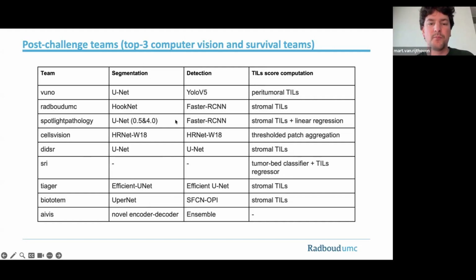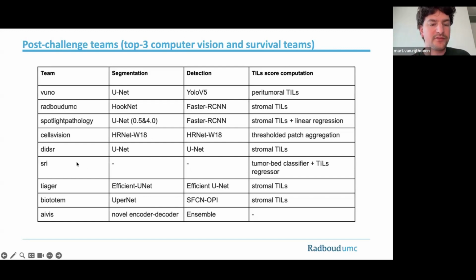But to summarize, actually all of them used CNN-based models. Of course, this was done in 2022, so the transformer architecture was not that popular for these kinds of tasks at that moment.